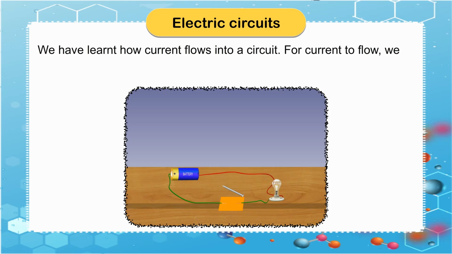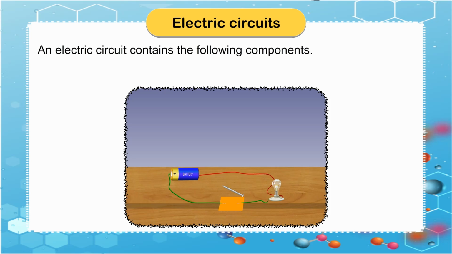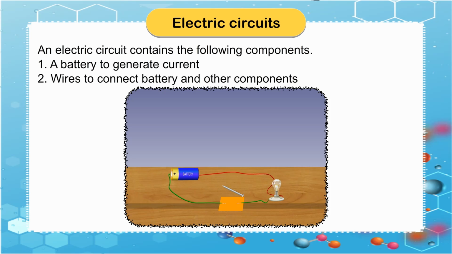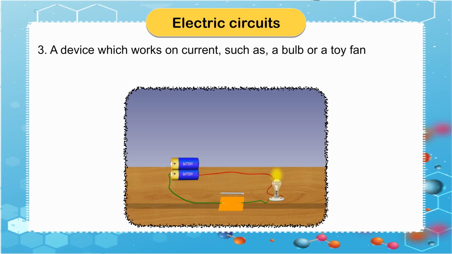Electric circuits. We have learned how current flows into a circuit. For current to flow, we need a closed circuit. An electric circuit contains the following components. 1. A battery to generate current. 2. Wires to connect battery and other components. 3. A device which works on current, such as a bulb or a toy fan. 4.